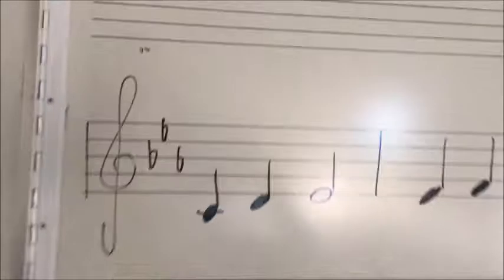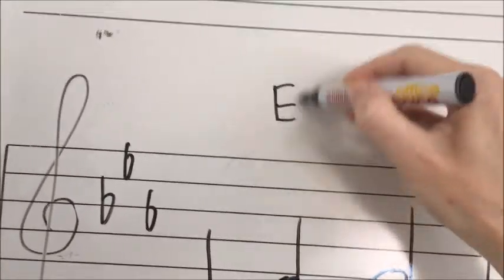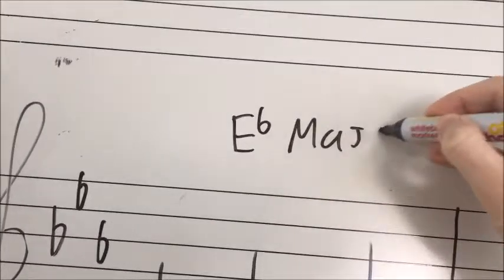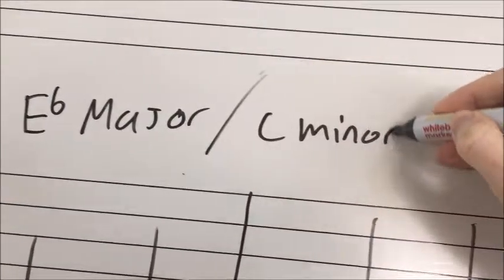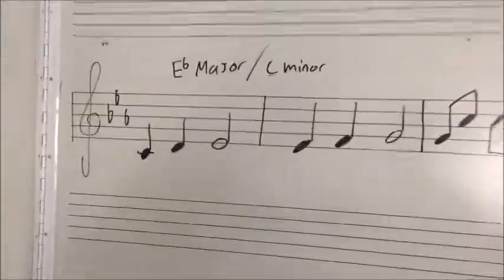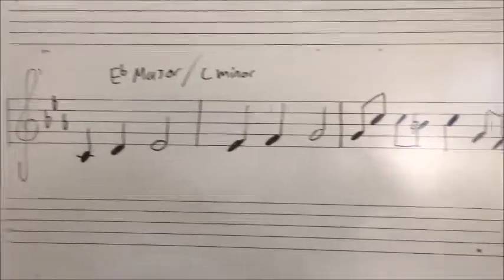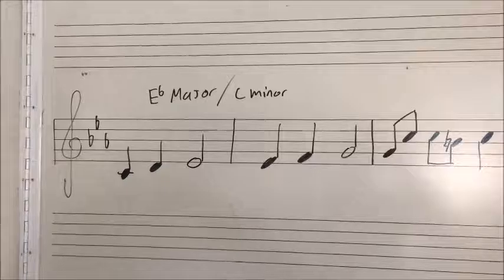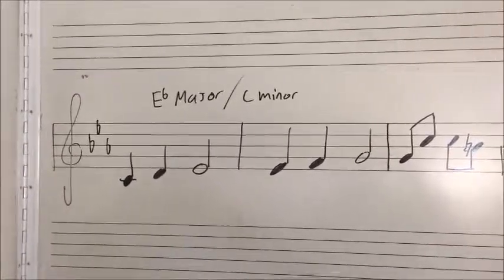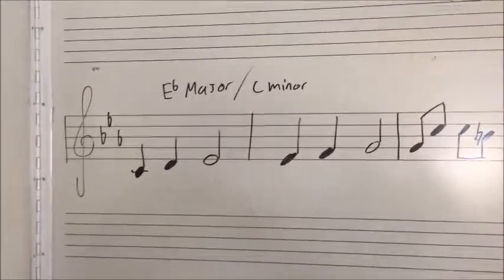So let's write these up here. We could have E flat major, or C minor. The first note is a C, and the last note is a C. So it's looking more like it'll be C minor at this stage.